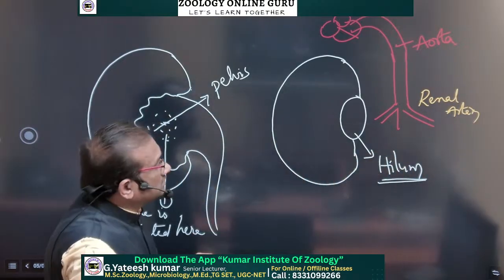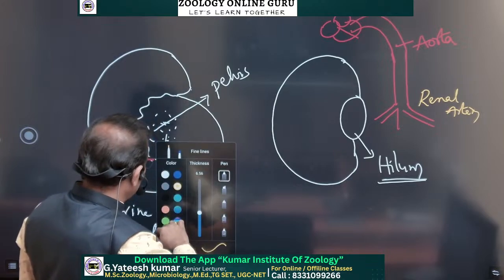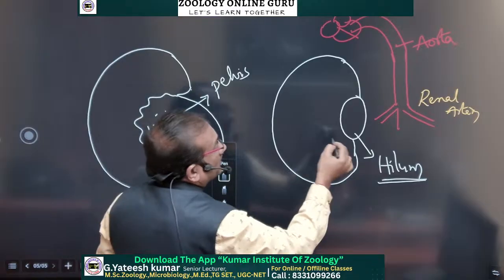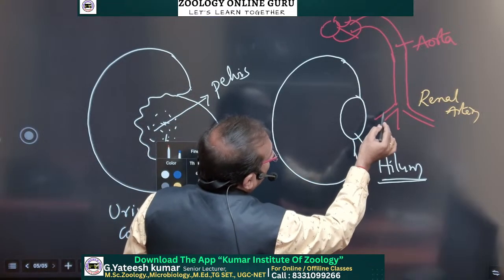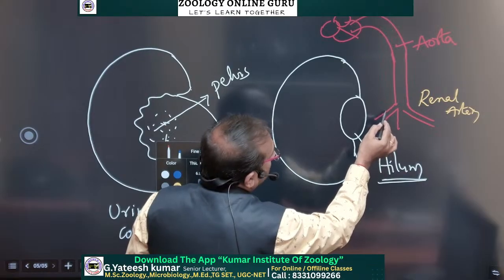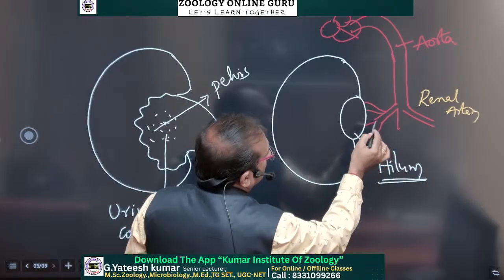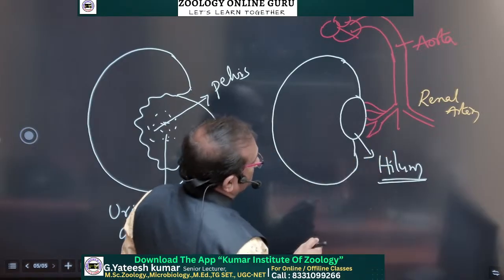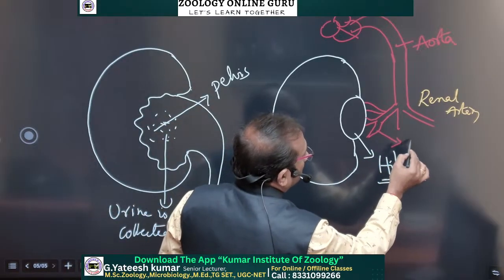The renal artery enters the kidney, and before entering, it divides into some branches outside. These branches are known as segmental arteries.